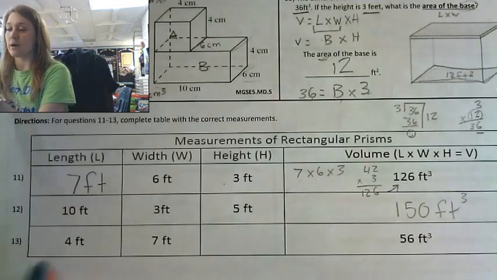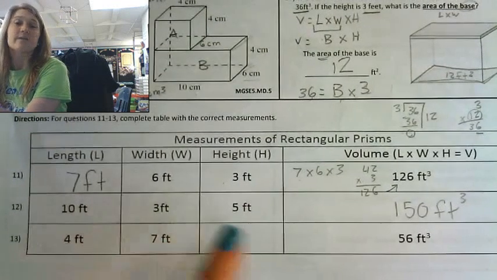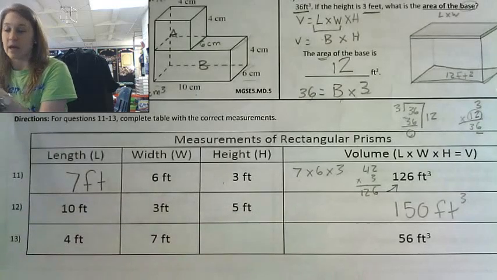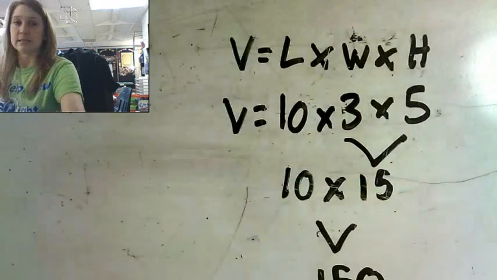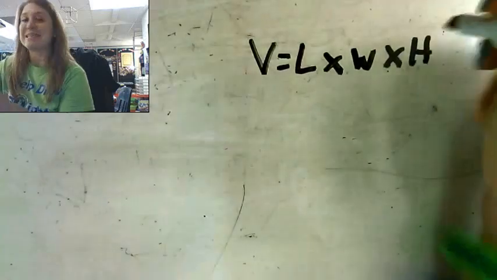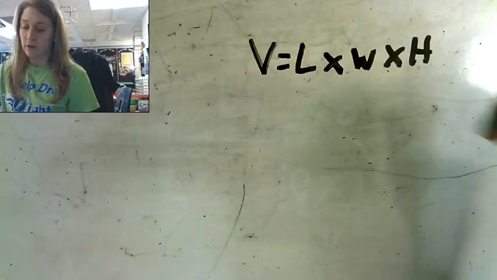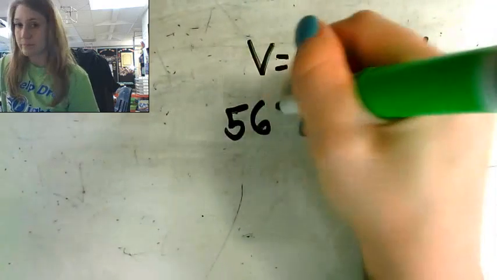All right, for our last one, length, width, missing height, but I do have my volume. Okay? So, again, same thing that I've been doing. I'm going to start with my formula. V-O-L-U-M-E, length times width times height, E-Z. And I'm just going to fill in what I know. So let's see, my volume was 56.